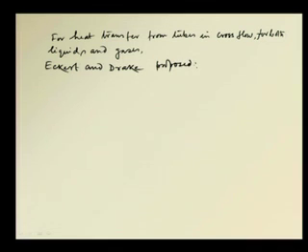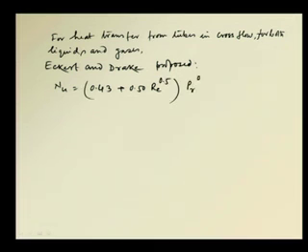What they proposed is Nusselt equals 0.43 plus 0.50 Reynolds to the power 0.5 into Prandtl to the power 0.38 into (Pr_F by Pr_W) to the power 0.25.